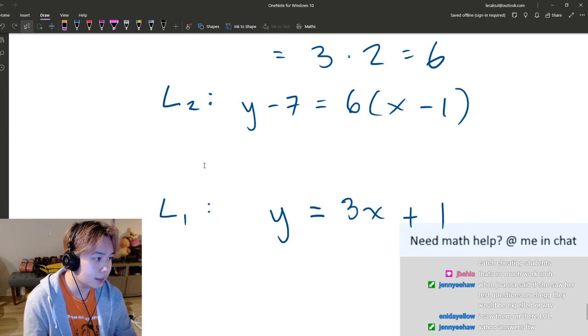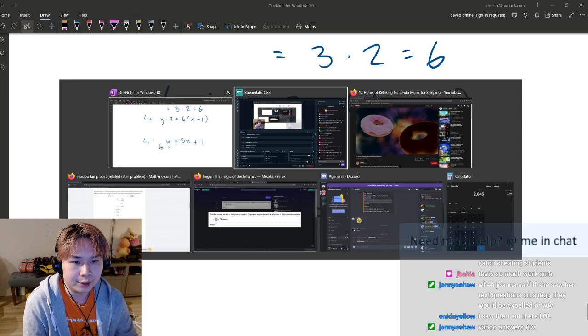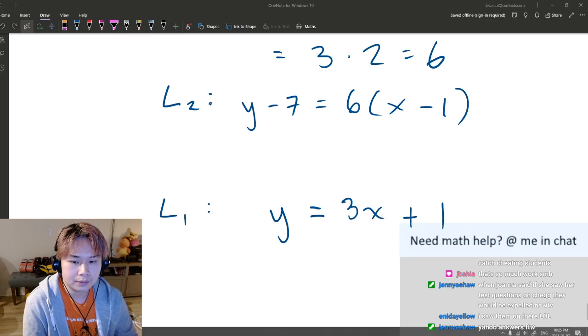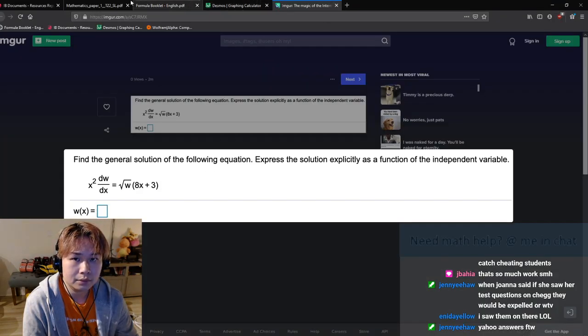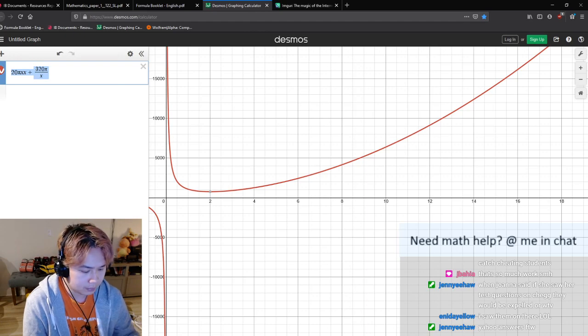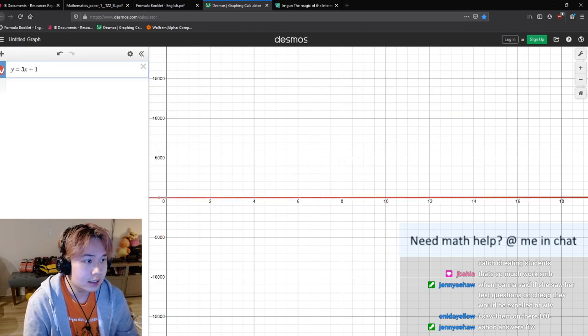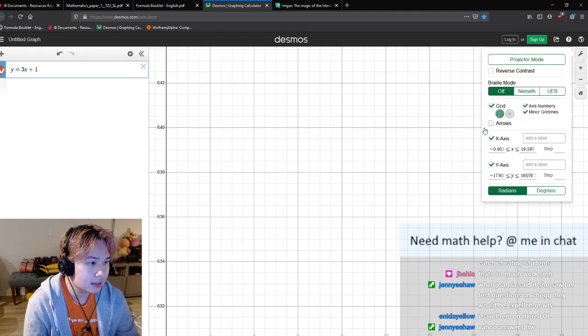Oh, wait a minute. This is a calculator too. I don't even need to do that. Let me just graph both of these and get this over with. So y equals 3x plus 1, and then let me reset.